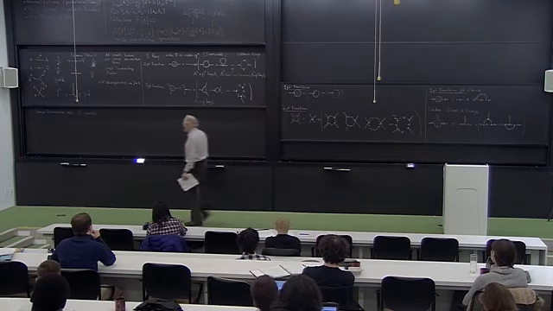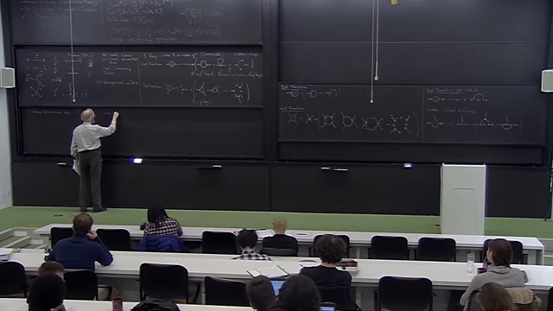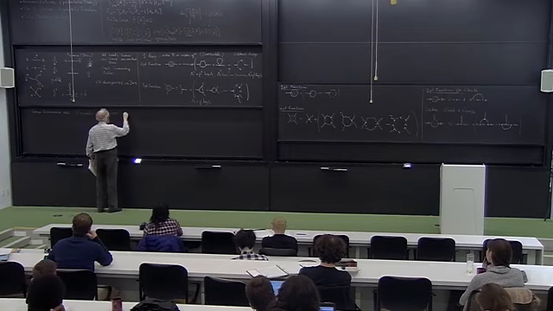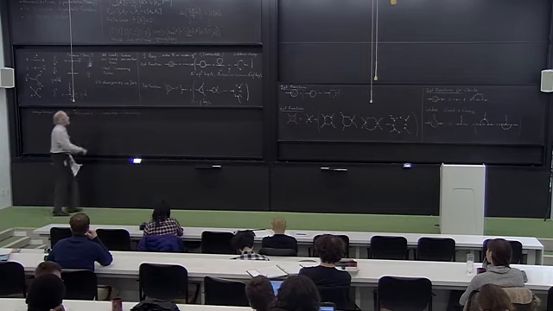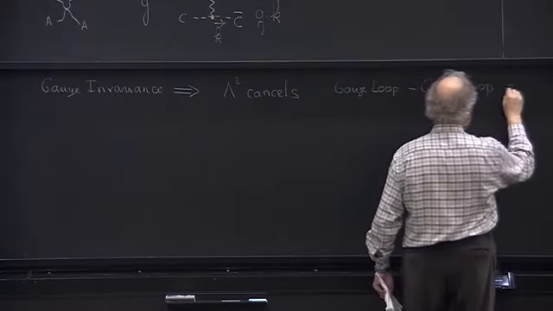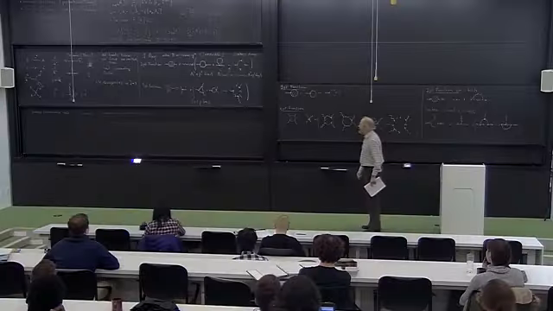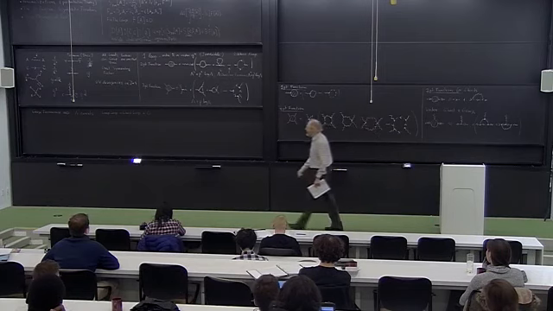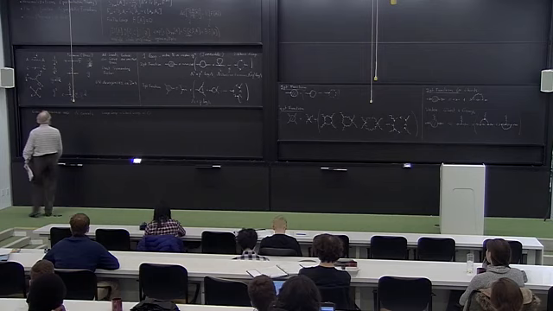So in fact, we have a contribution that comes from the gauge loop minus the contribution of the ghost loop. So we have a factor which gives 0. So the fact that the ghosts were fermions is a crucial step. Okay, so first step, the two-point function.